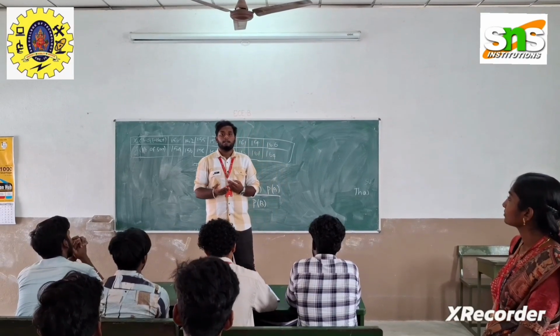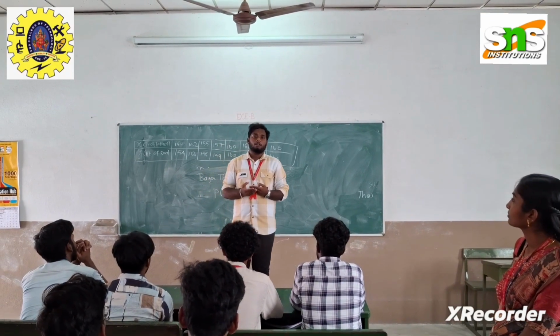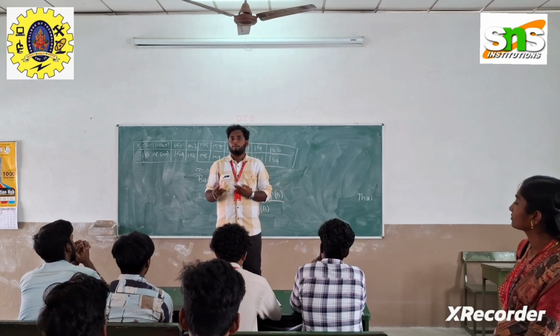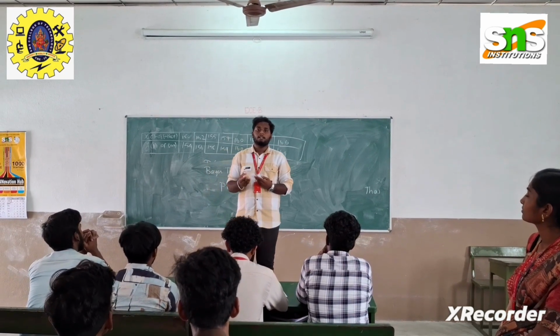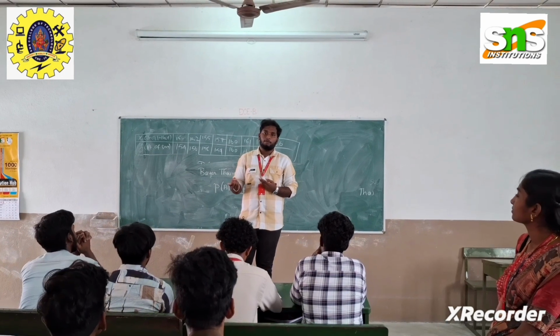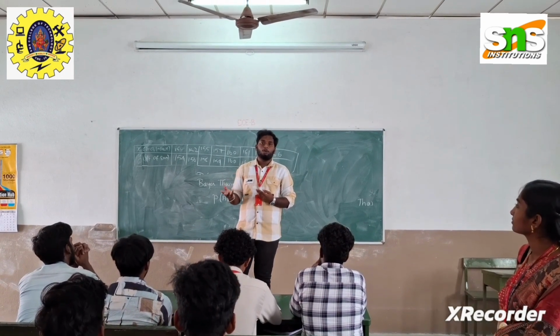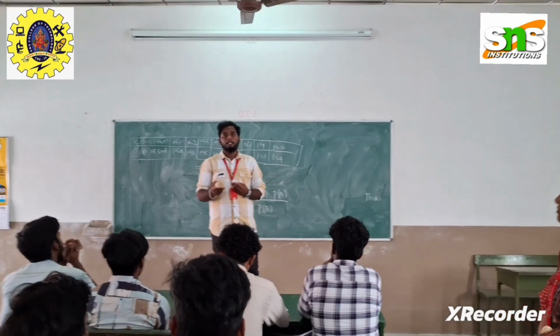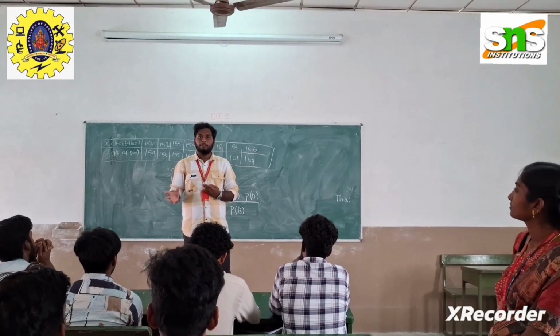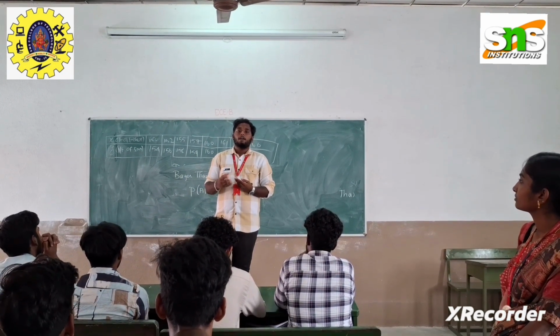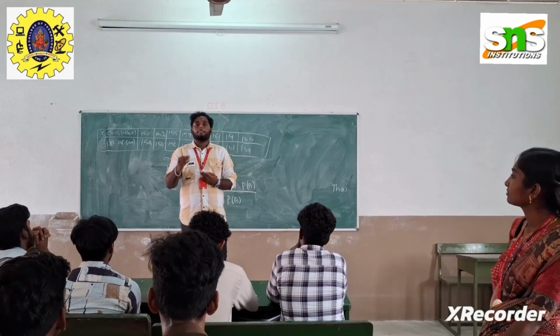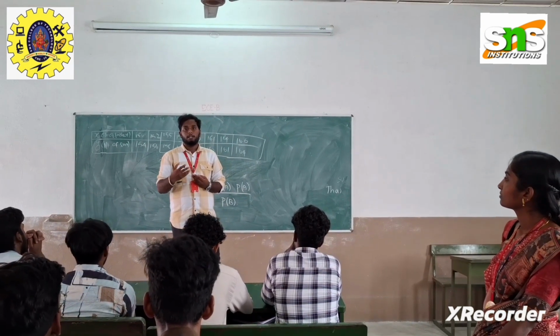I am here to share a few things about applications of binomial distribution. As you know, binomial distribution is a discrete probability distribution. In that, there are only two outcomes: success or failure, pass or fail, yes or no. For example, if a company is manufacturing a bulb, there will be defective ones. If the defective rate for a company is 5% and we want to find the defective count in 100 units, we can use the binomial distribution.